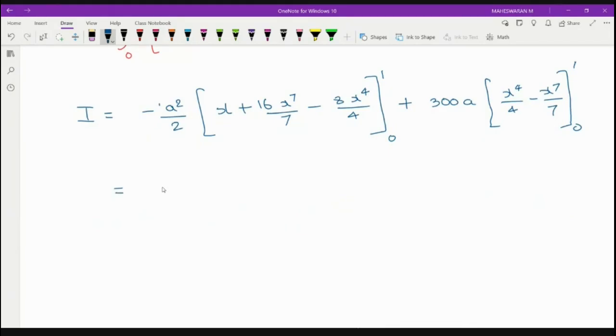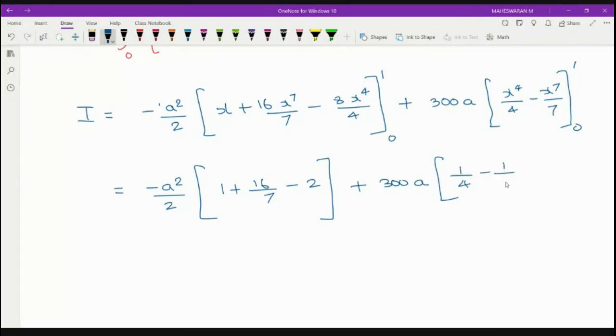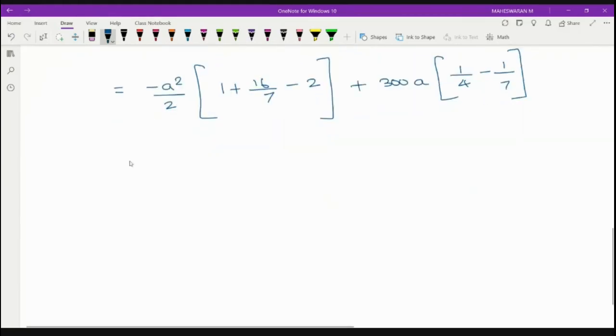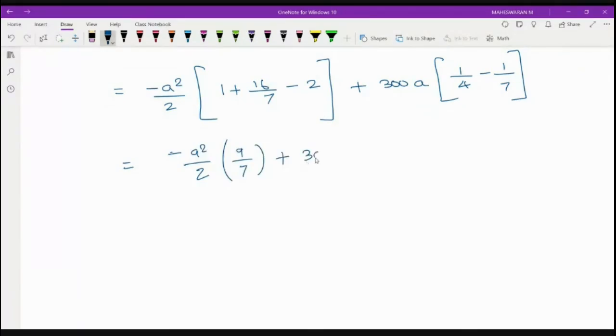So we'll get is equal to minus a square by 2 into 1 plus 16 by 7 minus 2, after applying the limit, plus 300a into 1 by 4 minus 1 by 7. So what are the terms you are getting here? First term, plus 300a into 3 by 28.